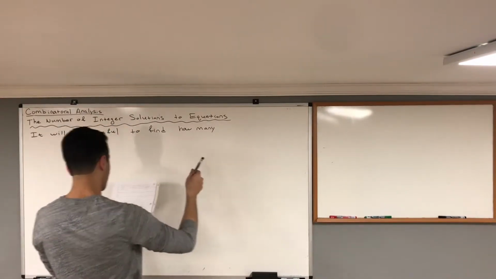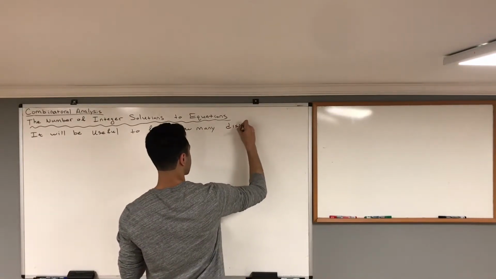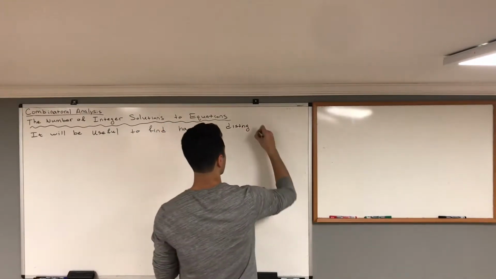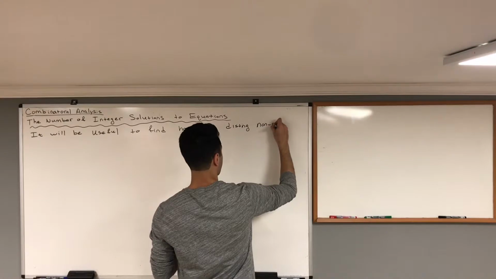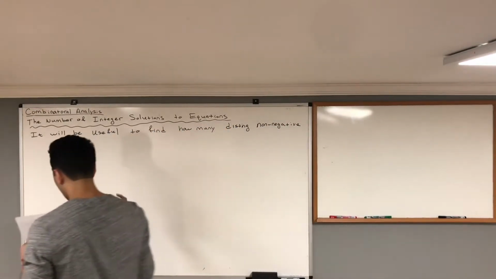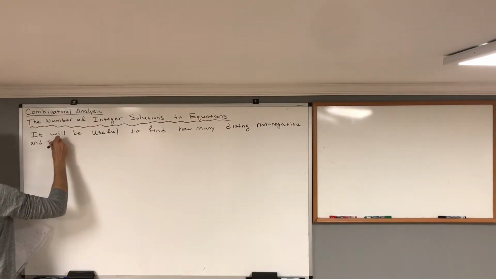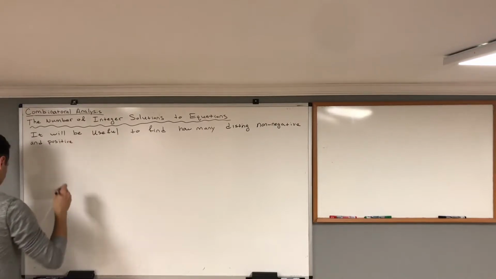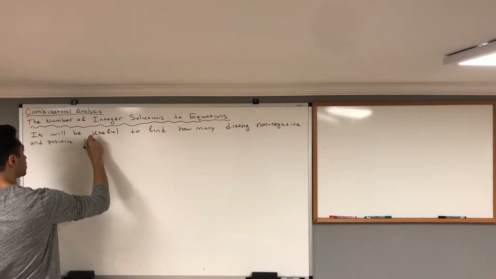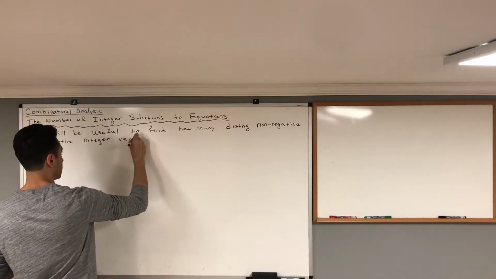So it'll be useful to find how many distinct non-negative, and I'll talk about what that is in a second, non-negative and positive integer valued vectors.